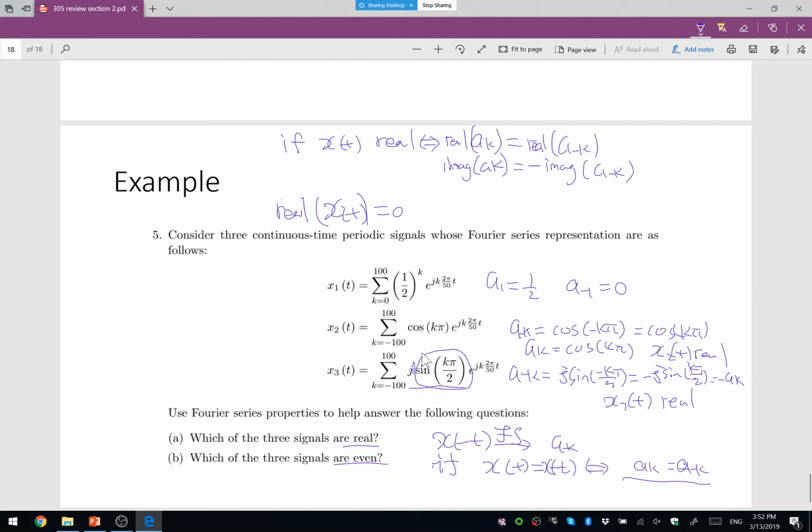So x3 is not, but the a_k's in x3 are all imaginary numbers. Just imaginary numbers. So why is x3 real then? Because the imaginary part is 0, and x is real if it satisfies this condition.